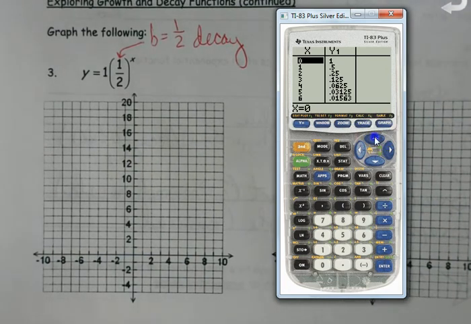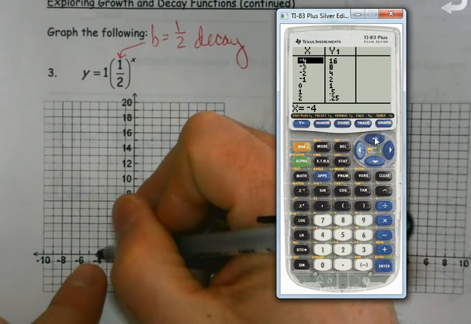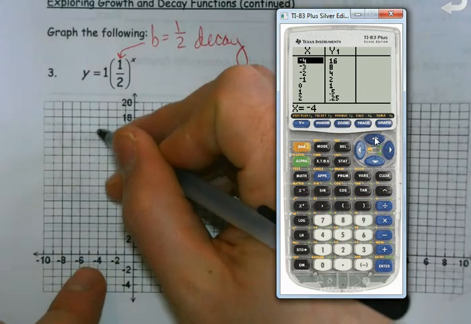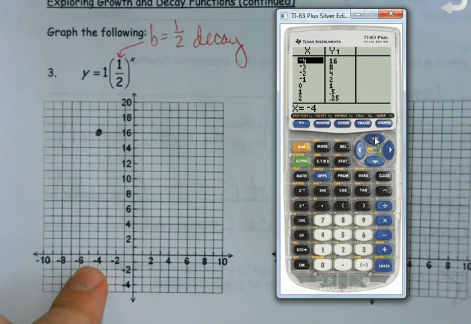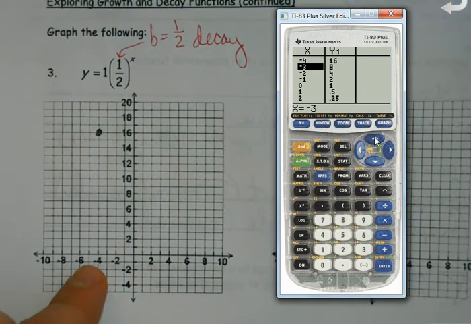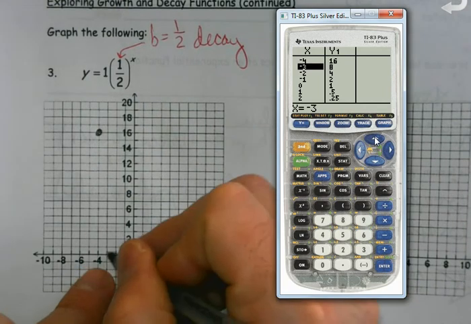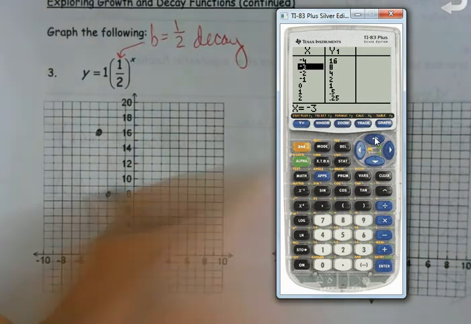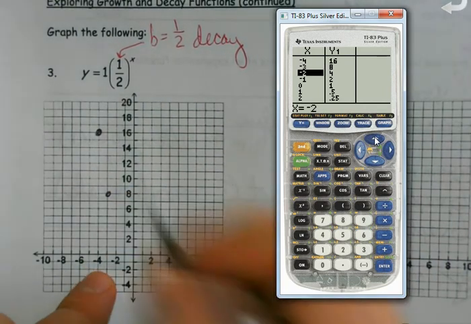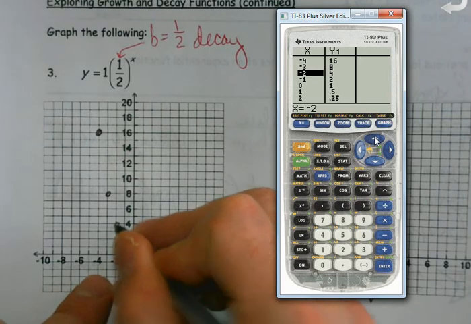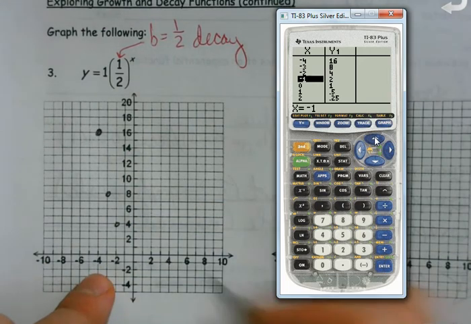Now let's go up a little ways. Notice how as I go into the negatives, the numbers get a little bigger. That might be a little easier to graph, so I'm going to start in the negatives this time. I want to fit as many as I can that it'd actually be on my graph as I put them in. Because I want to actually be able to see that decay occurring.